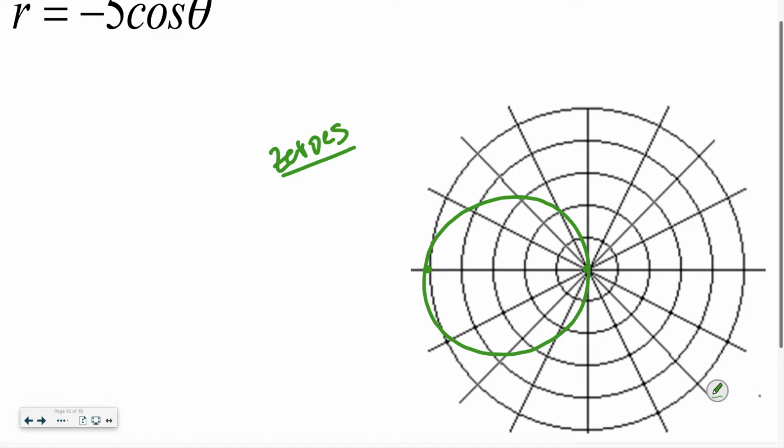So when r is 0, theta is pi over 2, because I know that the cosine of pi over 2 is 0. What is negative 5 cosine of 0 equal to? Negative 5. So at an angle of 0, our coordinate is negative 5. This is where we begin our circle.